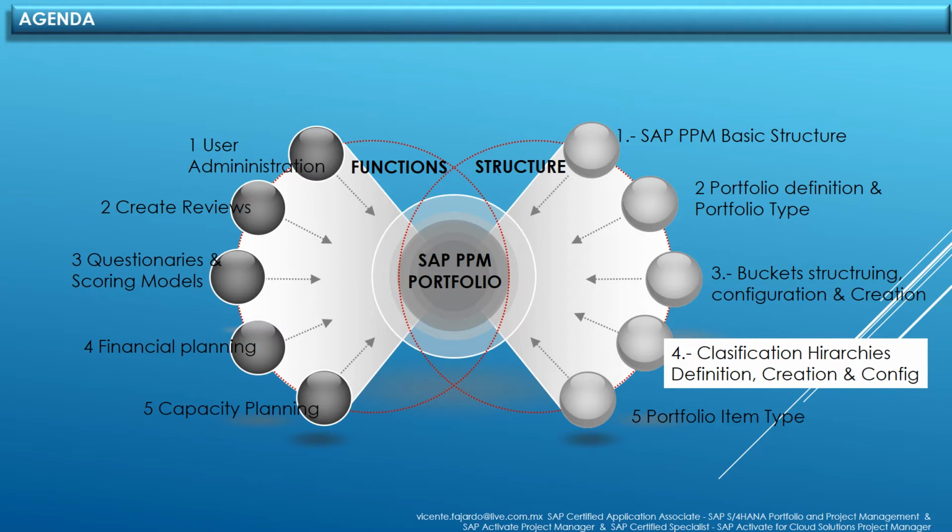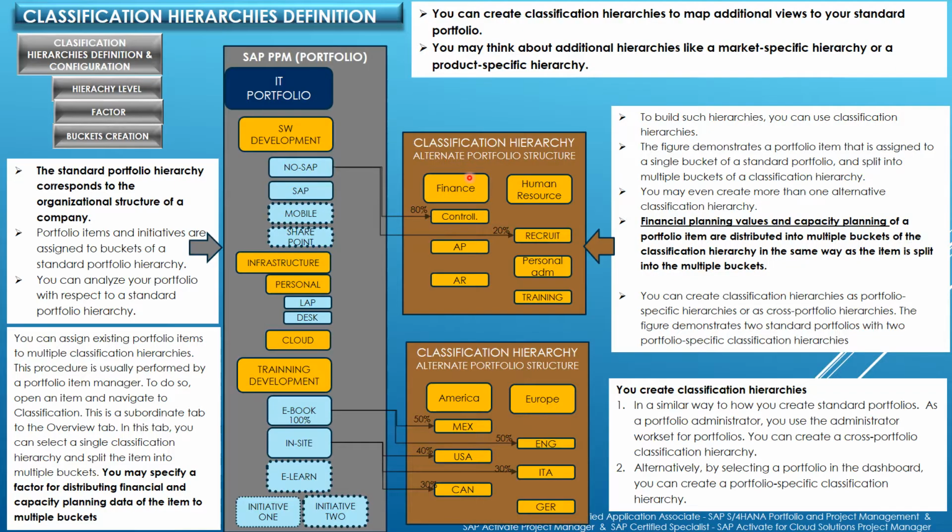Before we go on with the third element, the portfolio item, I want to introduce you to the classification hierarchies. You can create classification hierarchies to map additional views to your standard portfolio.